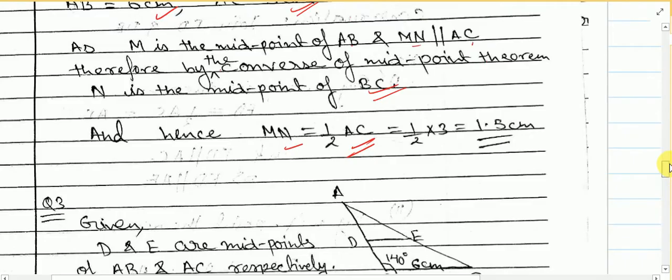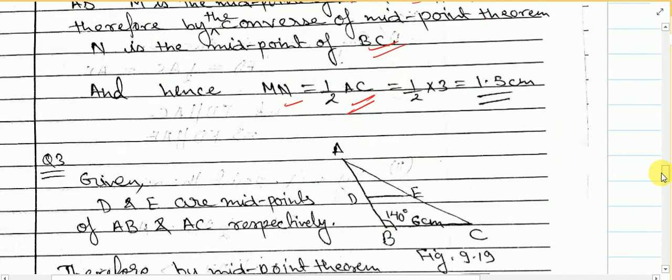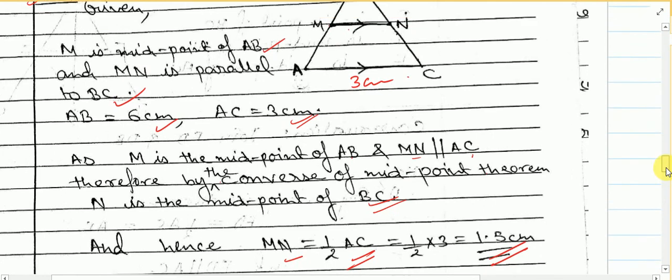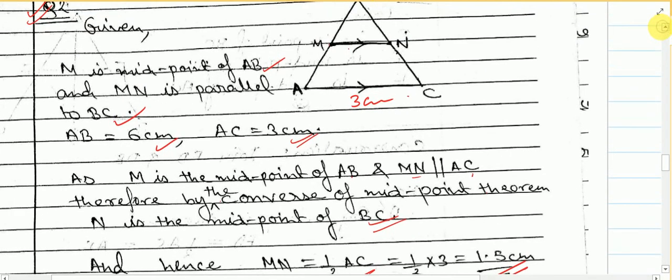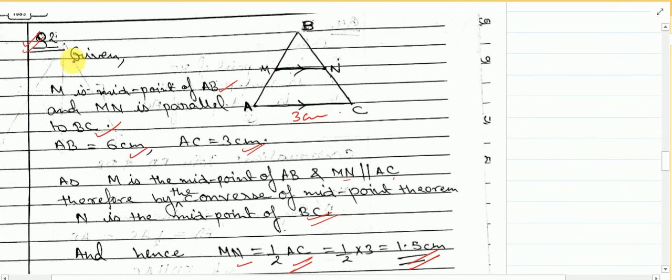So MN is half into AC, that is 1.5 centimeter. Now pause the video and write down the solution.